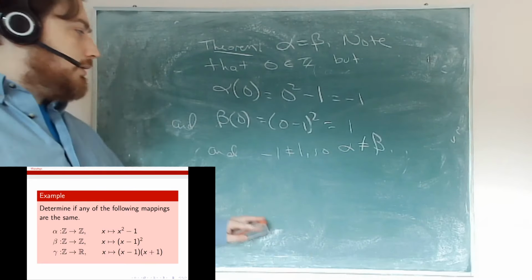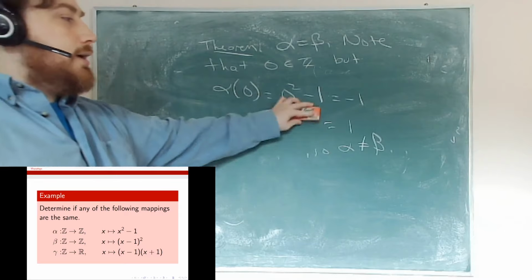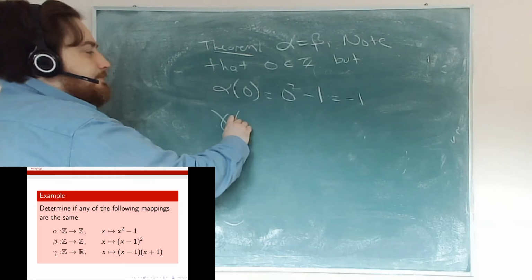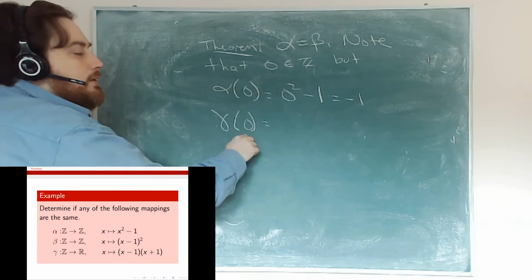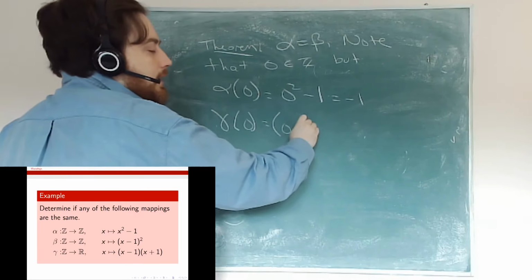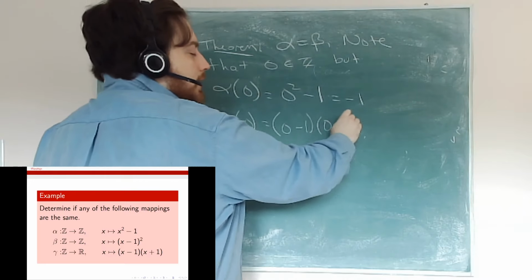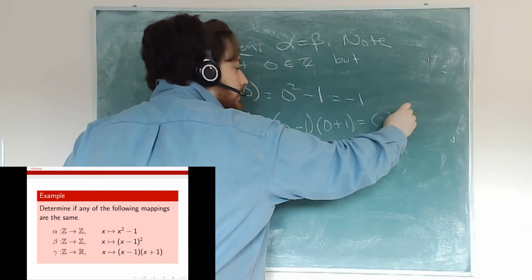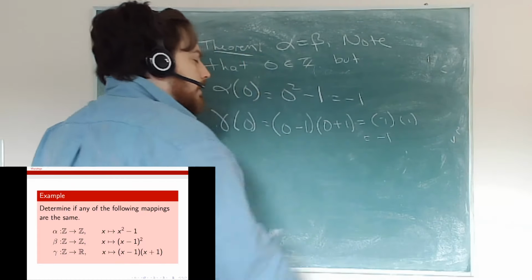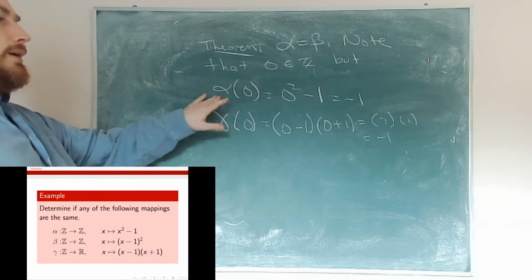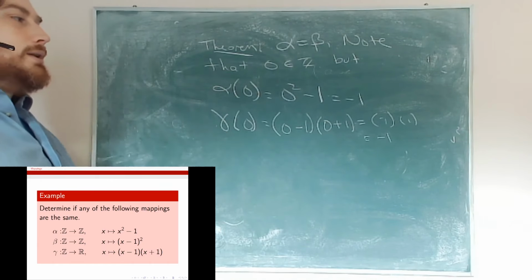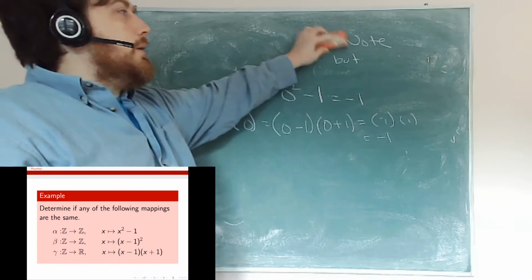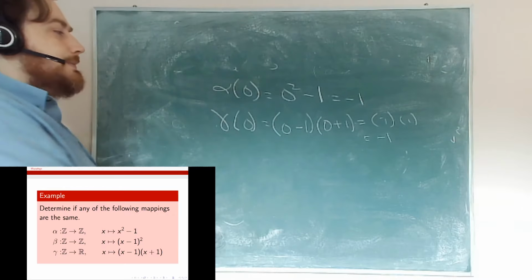Alright, then let's look at alpha and gamma. Gamma was (x minus 1) times (x plus 1). And so in this case, at 0 we would get negative 1 times 1, which is negative 1. So at least at 0, alpha and gamma are equal to the same thing. So that's great. I could try another one, and I'll plug in, say, 1.